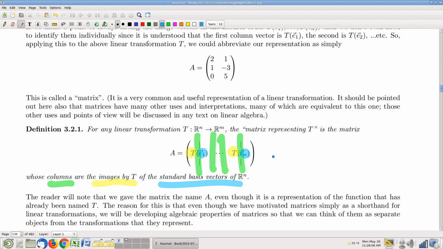So that's the convention. The columns are the images of the standard basis vectors. Make sure to memorize that. That's extremely fundamental in how we're going to understand matrices. Okay. So let me not dwell. Columns are the images of the standard basis vectors.